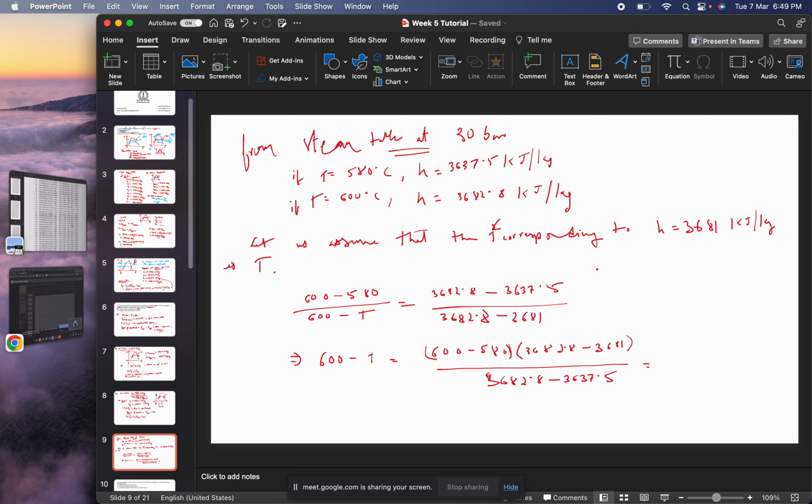This gives T as 599.205. Okay, this is my T. This is basically my T superheat, and we know T saturation.